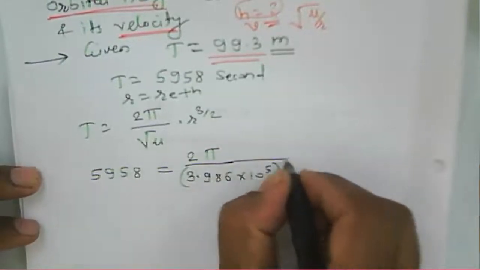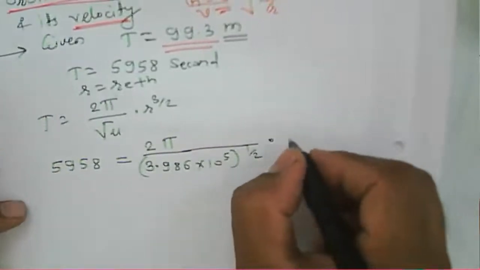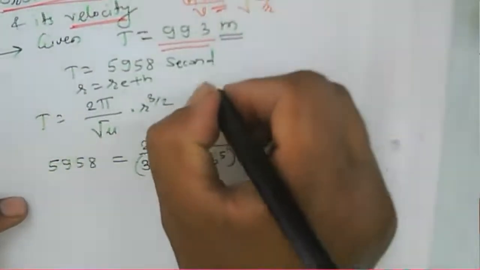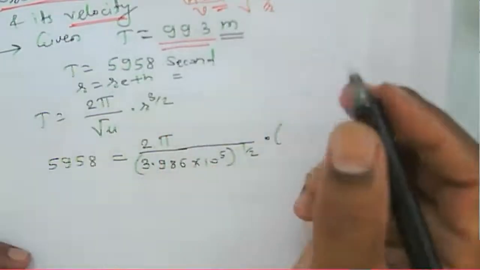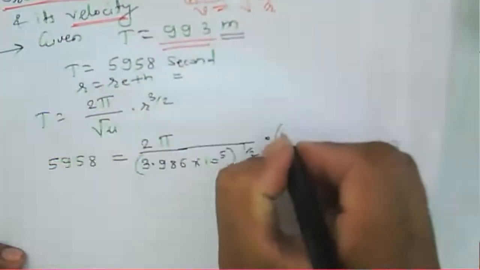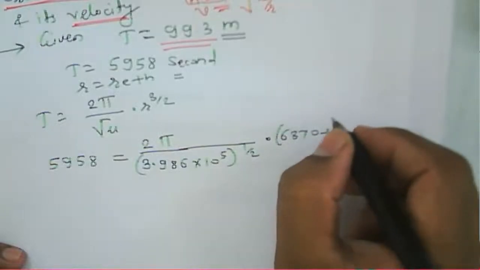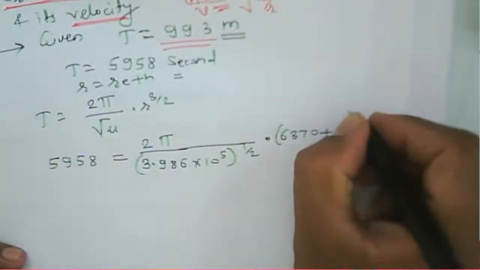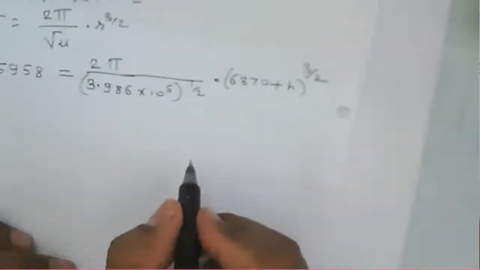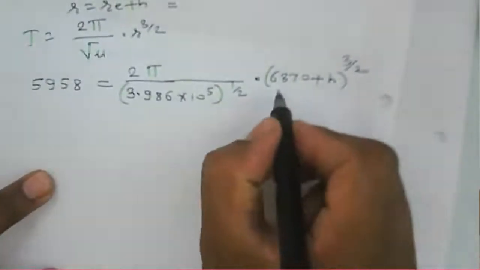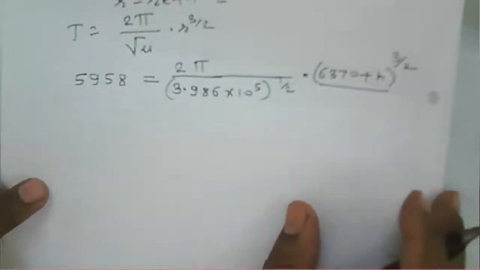So that's 3.986 into 10 to the power 5, raised to 1 by 2 into r cube. That r is equal to earth radius. That earth radius is what? We have considered 6370. You can say that 6370 plus altitude raised to 3 by 2. 6370 plus h raised to 3 by 2.